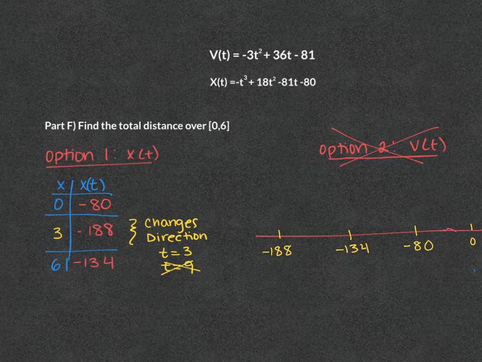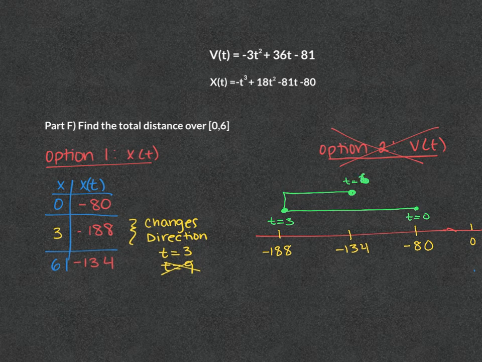So we're watching the pattern. We're starting at negative 80, then we're moving to negative 188, and then we're moving back to negative 134. So this is at time equals 0, this is at time equals 3, and this is at time equals 6.